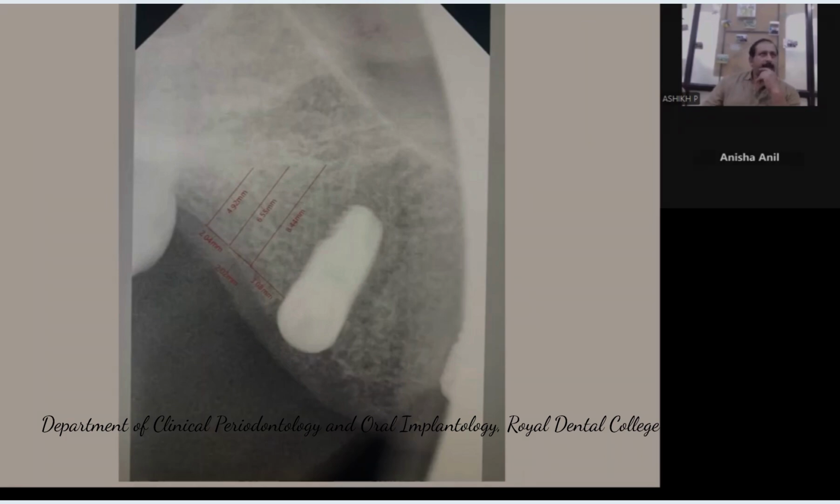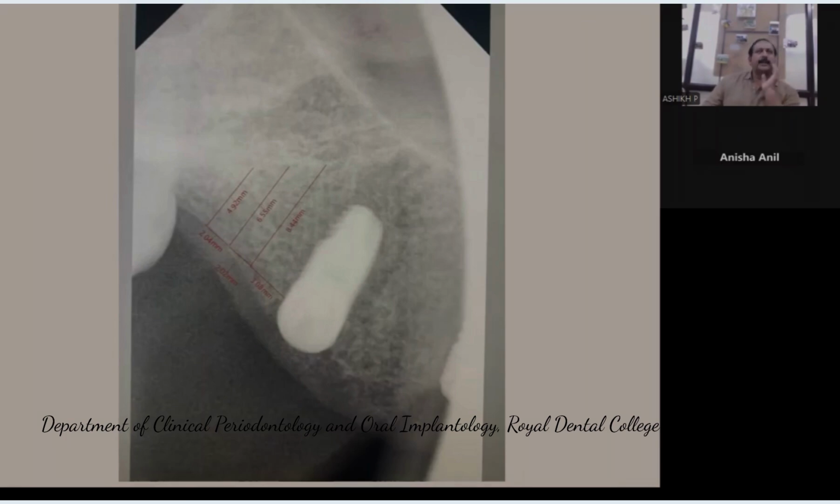Roughly 5, or you call it 4. And the middle one? 6. 4, 6, and 8 mm. That is not a very normal thing to find. And I don't think that is the same in the panoramic or in the CBCT.